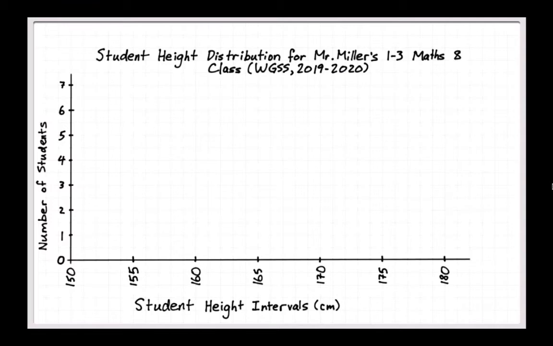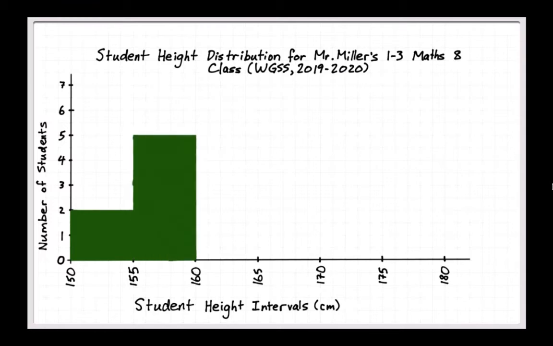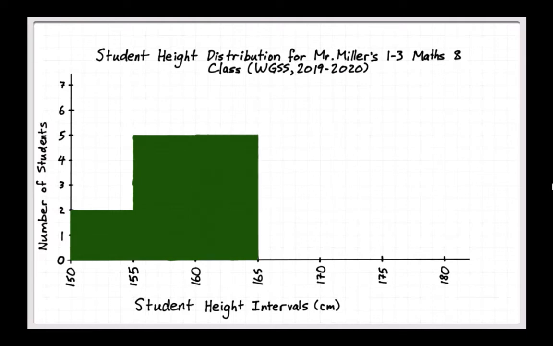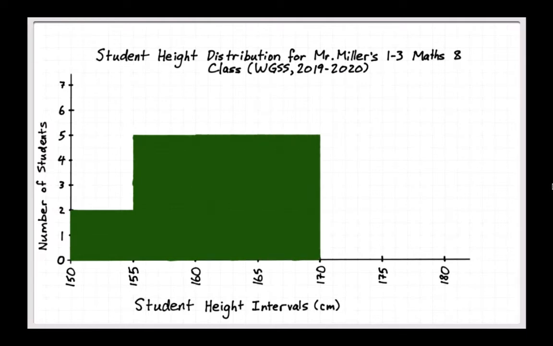What I can do next is make each bar to the correct height. The first interval had 2 students in that height interval. The next interval, there were 5 students, and then 5 students in the next interval, and 5 students in the next one.